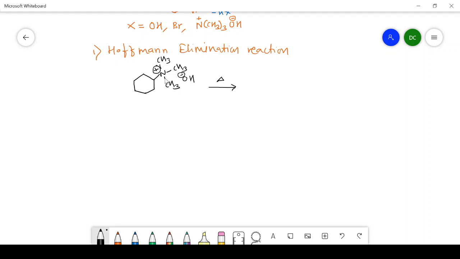It loses this quaternary salt along with the hydrogen which is present at the neighboring carbon. This hydrogen is eliminated as H plus, and this hydrogen and OH combine together to form water, and after heating we get this type of cycloalkene, plus the remaining will be the trimethylamine, (CH3)3N.